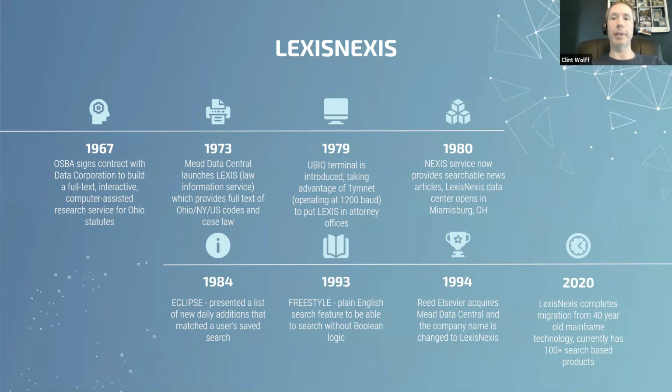I wouldn't normally go back to 1967 to tell folks about LexisNexis, but since we're a group of search enthusiasts and LexisNexis has a long search history, it's a search-based company, I thought it would be good to go back and give a bit more about it. So in 1967, a group, OSBA, which stands for Ohio State Bar Association, signed a contract with Data Corporation to build a full-text, interactive, computer-assisted research service for Ohio statutes.